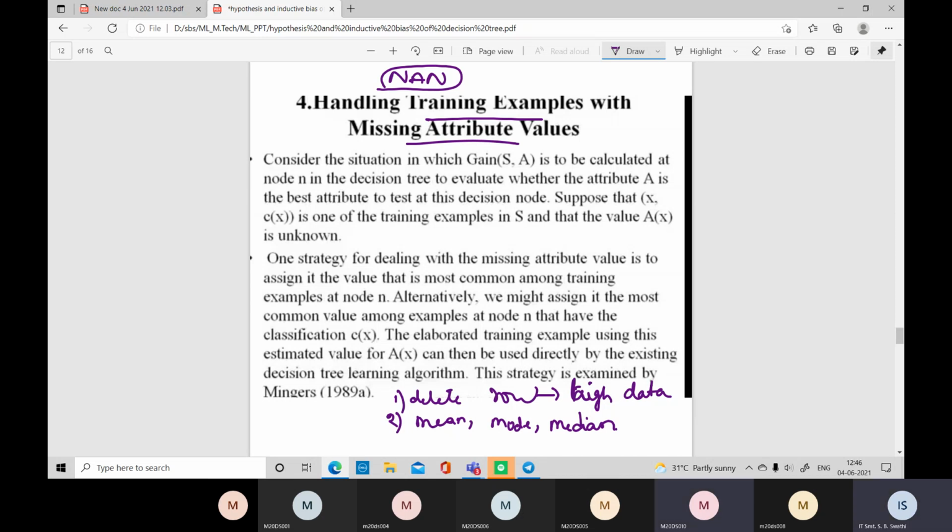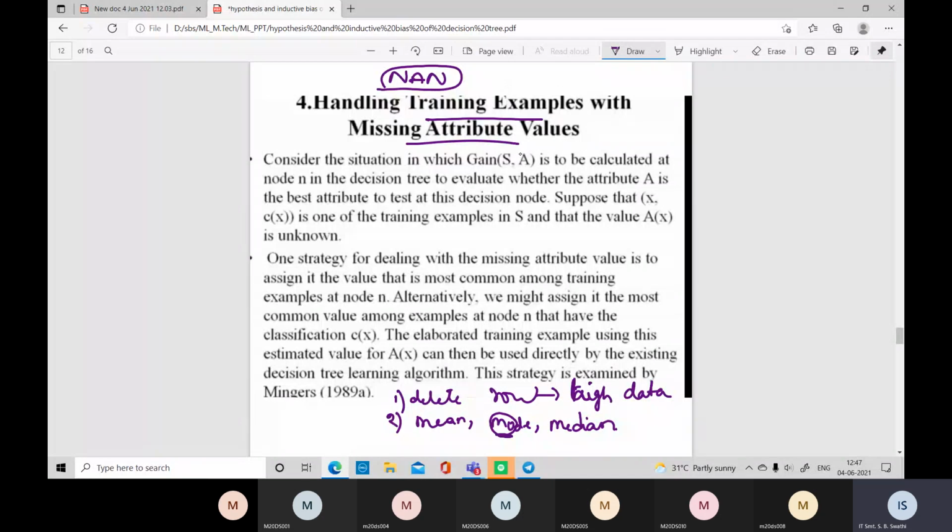Median we will take the middle value. Mode means most repeated value. How can you remember? MO, MO means most repeated value.